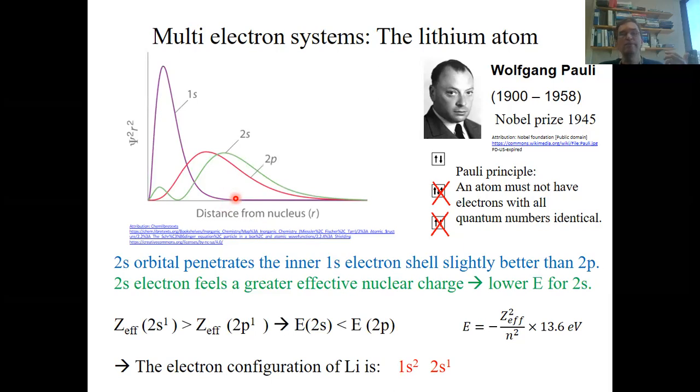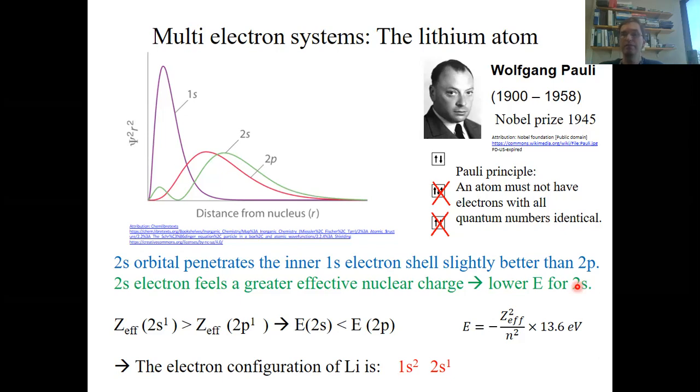So what do we experimentally find? We find experimentally that our electron is in the 2s orbital and not in the 2p orbital. So that means that the 2s orbital in reality is actually energetically lower than the 2p orbital. This is something the Schrödinger model could not predict.